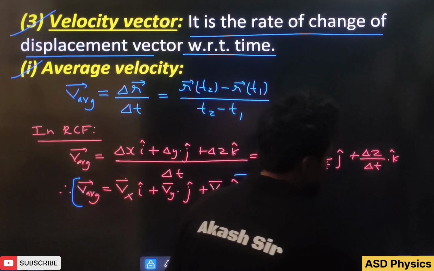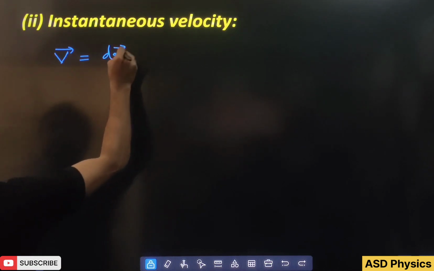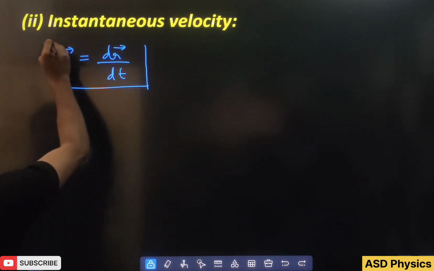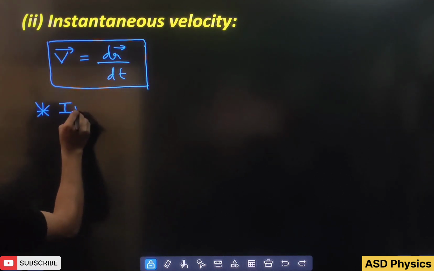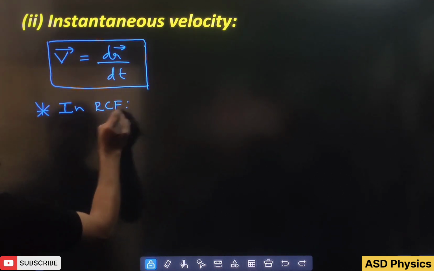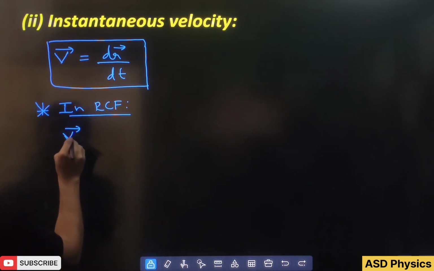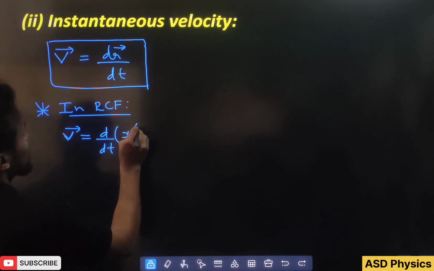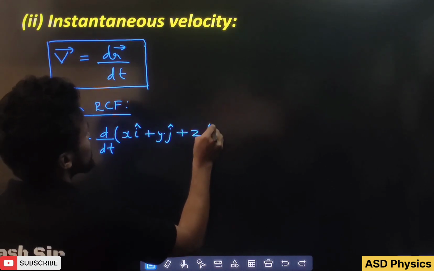Now students, next one is instantaneous velocity. This instantaneous velocity V is given by dr by dt. What is this? Instantaneous velocity, dr by dt. If I write it in rectangular component form, RCF, then this vector V we can write as d by dt of r, where r is x i cap plus y j cap plus z k cap.